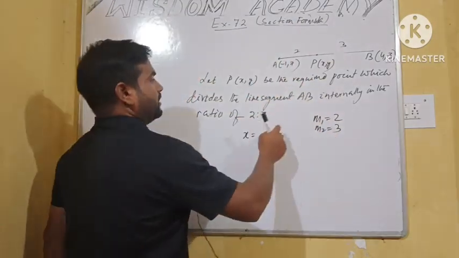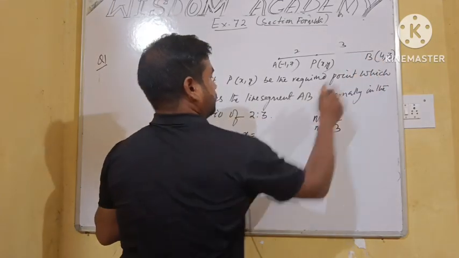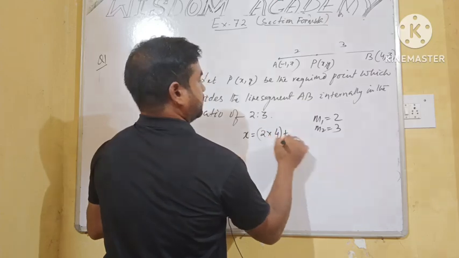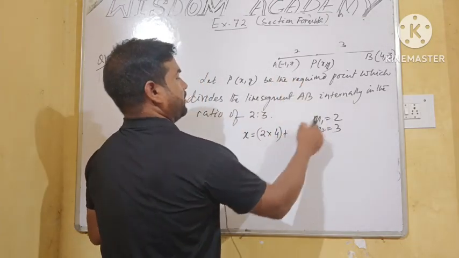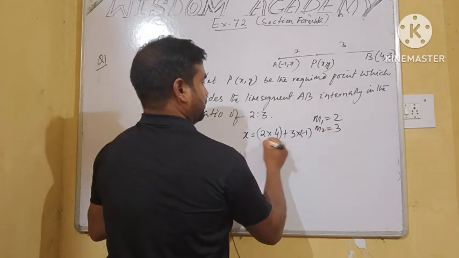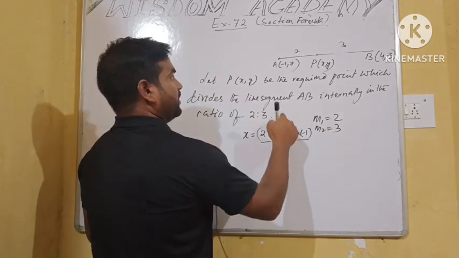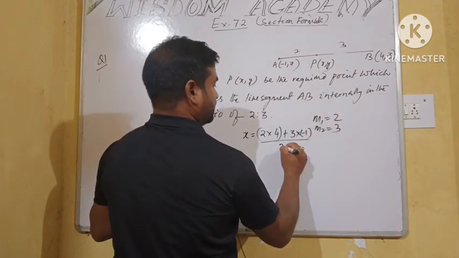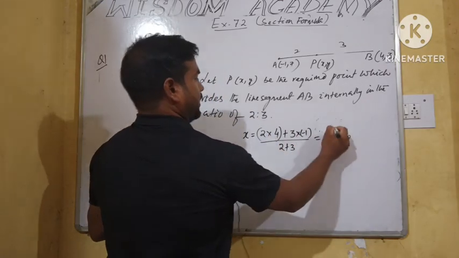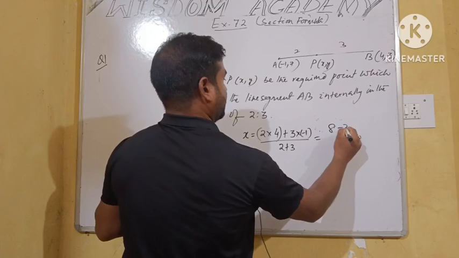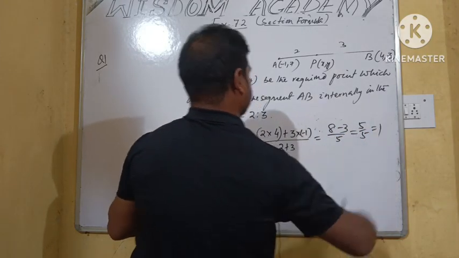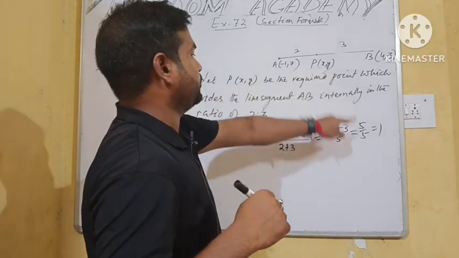So x is m1 into x2, 2 into 4, plus m2 into x1, 3 into minus 1, divided by m1 plus m2, 2 plus 3, which is 8 minus 3 by 5, 5 by 5, 1. The x coordinate is 1.